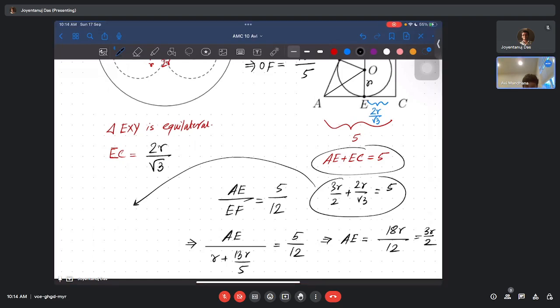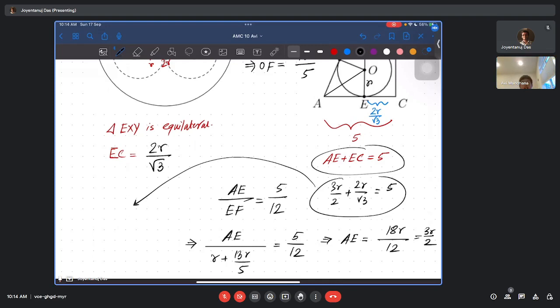What are the answer choices? You tell me, we'll see the answer. So what is the r you are getting? Simplifying, I'm not getting a nice number. I'm getting like 10 root 3 divided by 3 root 3 plus 4.